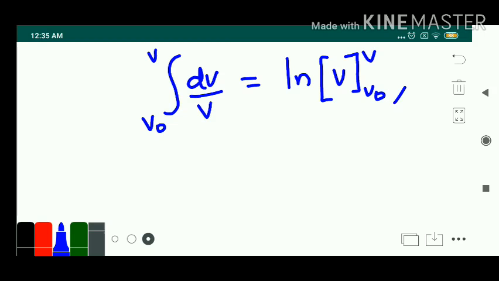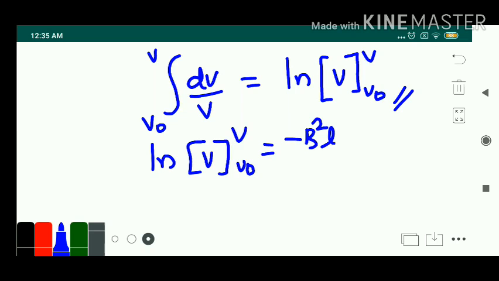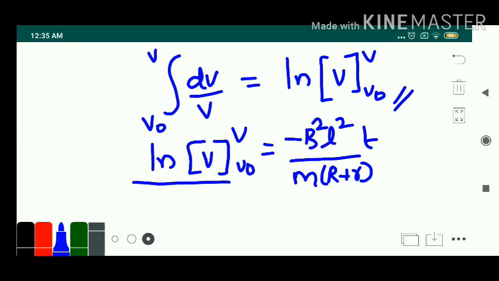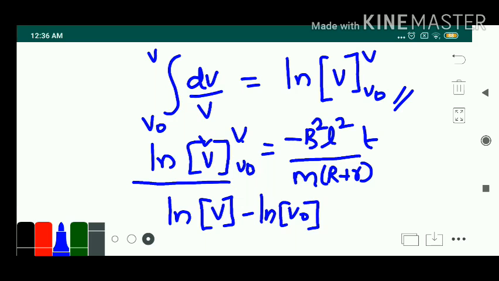Suppose you are given an initial velocity. So the LHS, I'm going to write in this form: ln v minus ln v naught, upper limit minus lower limit, is equal to minus B squared L squared t divided by m(R plus r).